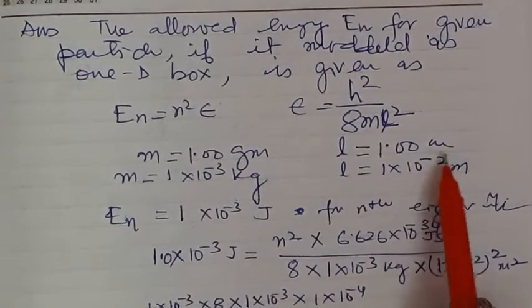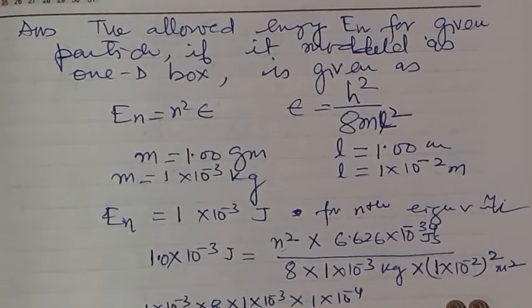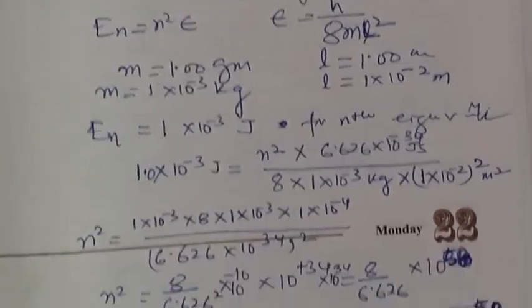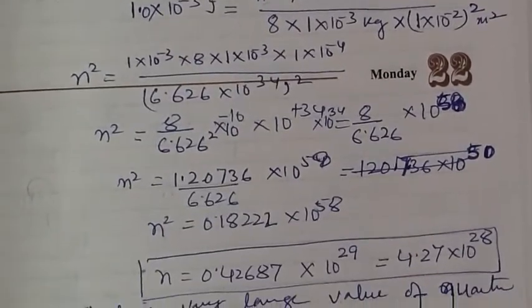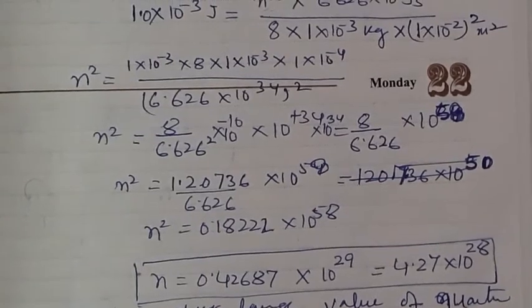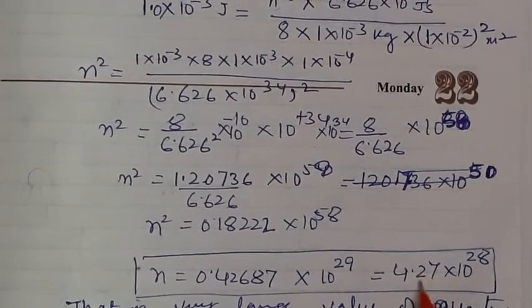L is given as 1 centimeter. Convert into standard units, substitute, and you will get the value of n square, that is approximately of the order of 10 raised to the power minus 28, 4.27 into 10 raised to the power minus 28. After solving, you will get the value of n.